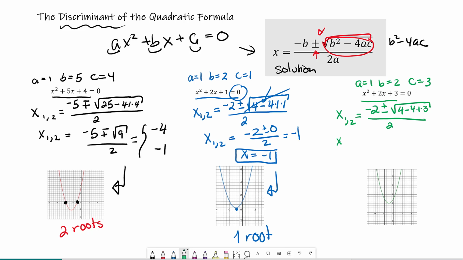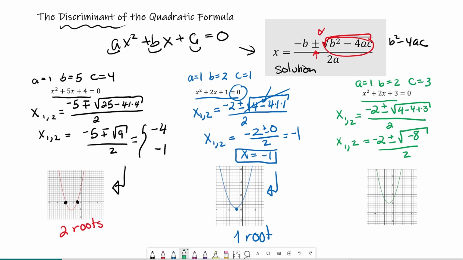So let's write that again. x1,2 equals negative 2 plus or minus the square root of 4 minus 4 times 3, which is 12. So that gives us the square root of negative 8, divided by 2. Now, negative 8 does not have any roots, right?